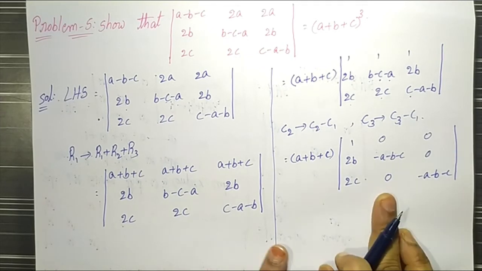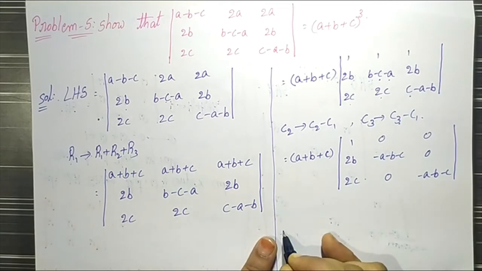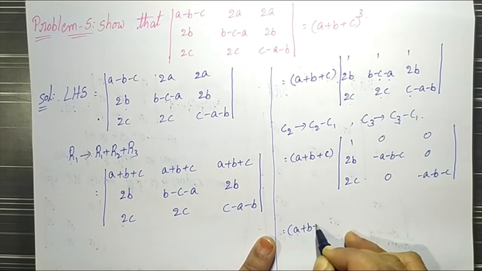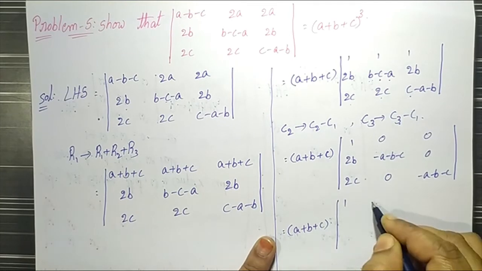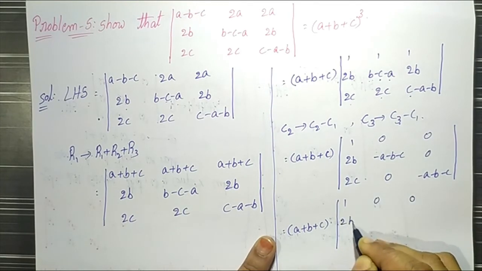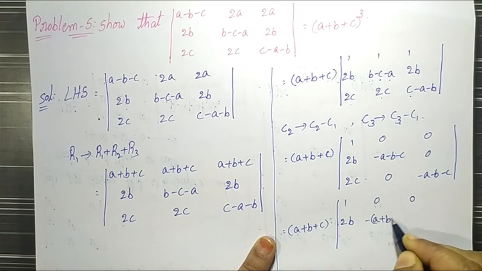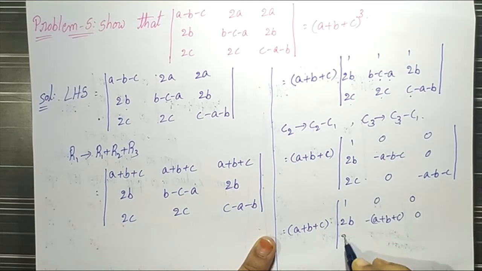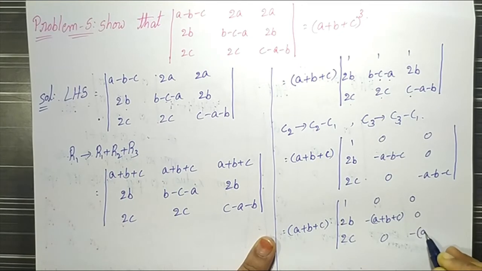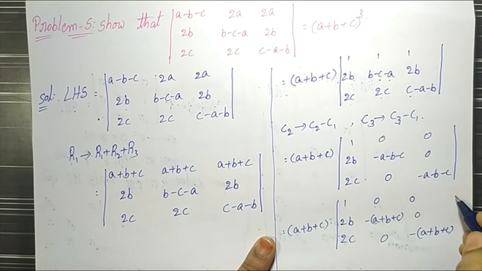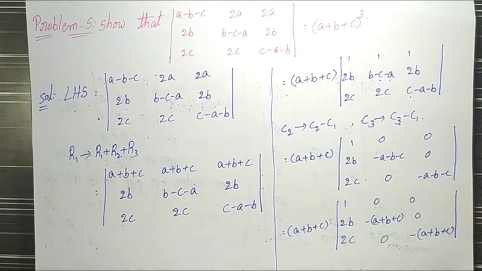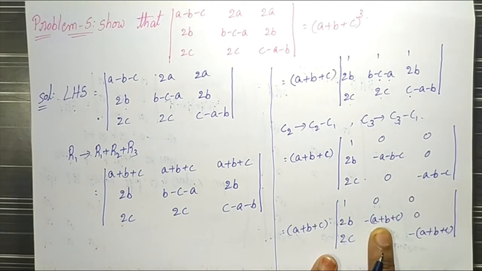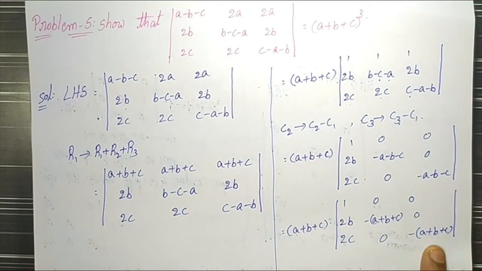Then that is equal to a plus b plus c into the determinant 1 0 0; 2b, minus of a plus b plus c, 0; 2c, 0, minus of a plus b plus c. Here in the second column we take a plus b plus c as common, and from the third column also we take a plus b plus c as common.